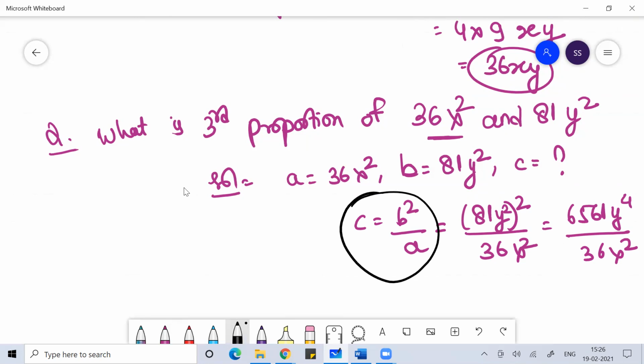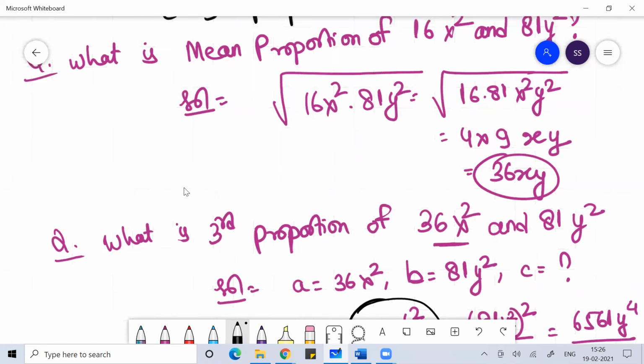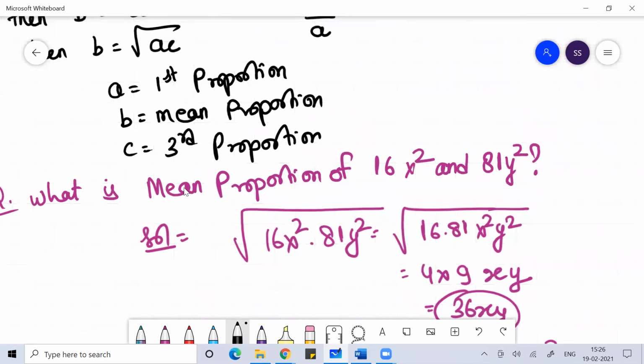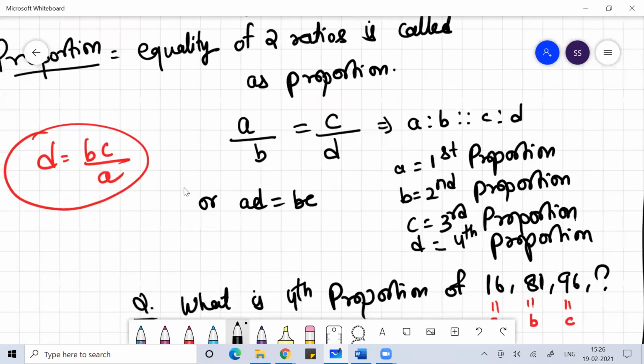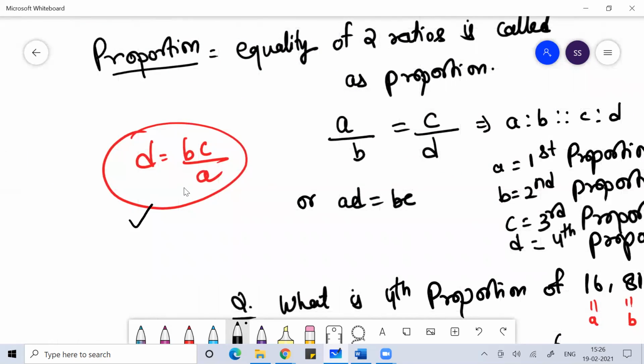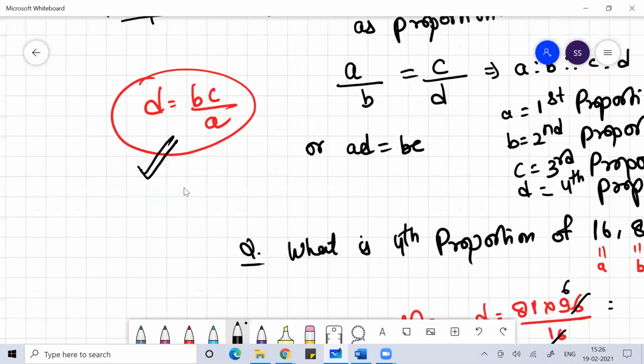Third proportion formula is B square by A. Mean proportion formula is simply the square root of the two terms given. And the fourth proportion formula is: multiply the two terms divided by the first term. So that will give you the explanation for this part.